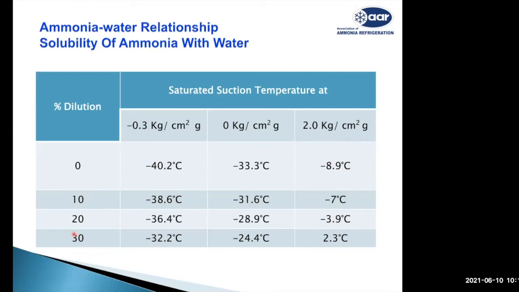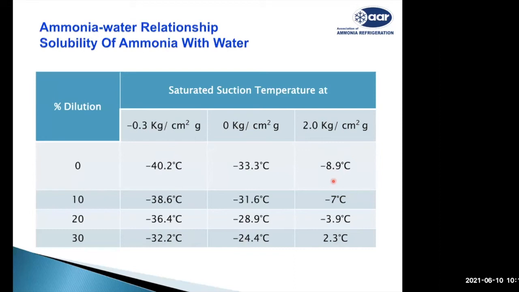Similarly, if I have 30% water in my plant, which can happen at atmospheric pressure and 30 degrees centigrade temperature, at minus 0.3 pressure my temperature would be only minus 32. At 0 kg, it is minus 24 instead of minus 33. And at 2 kg, it is plus 2 instead of minus 9.